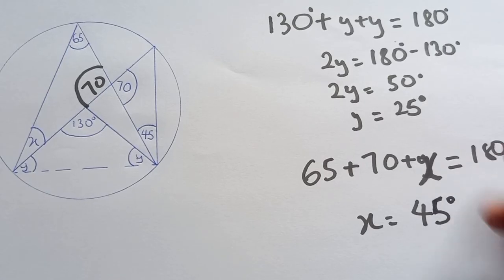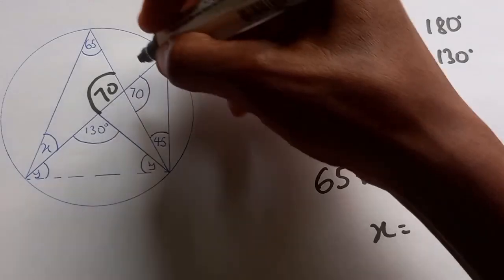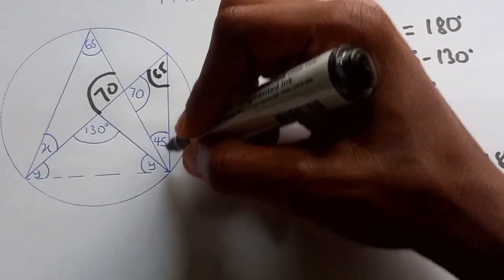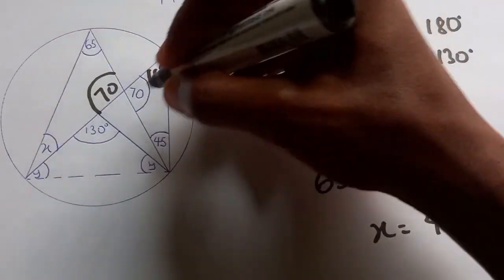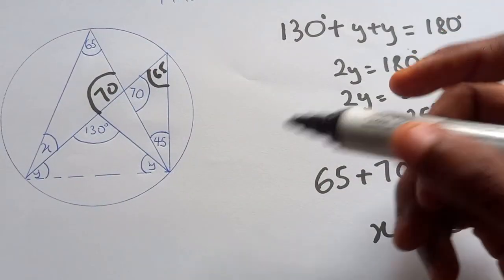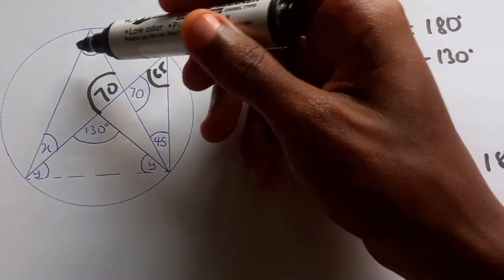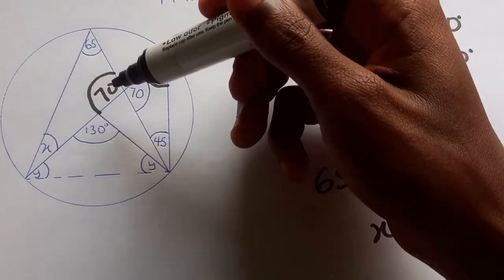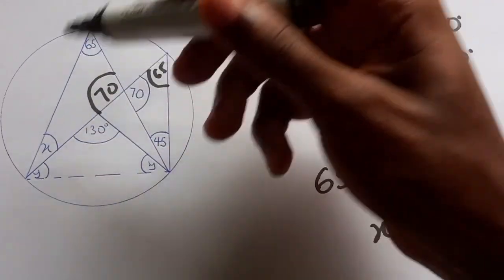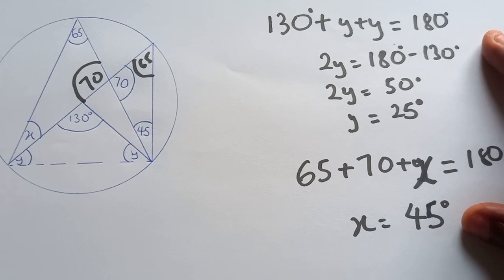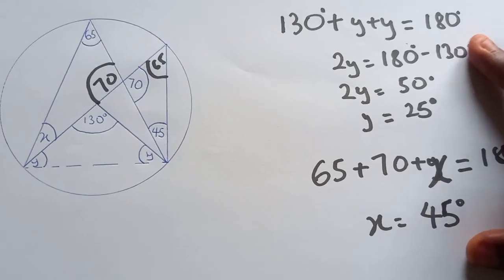So note, one could have even solved for this side to be 65 degrees because it subtends to the same chord, having this triangle, but we're messing around. Once you know that this is vertically opposite angles, you put in the 70 over here, just solve 65 plus 70 plus x is equal to 180. You solve for your x and you're good to go. So in circle theorem, note that it's all about applying the rules.